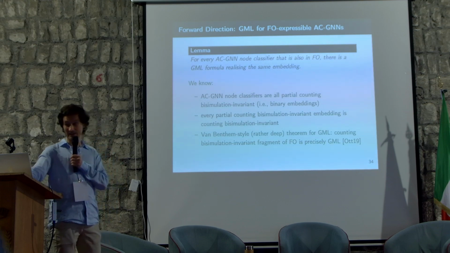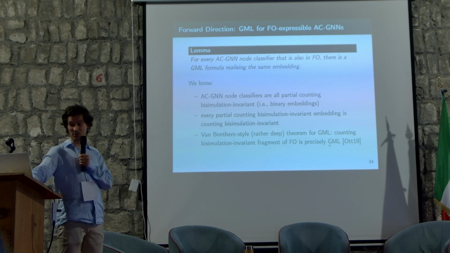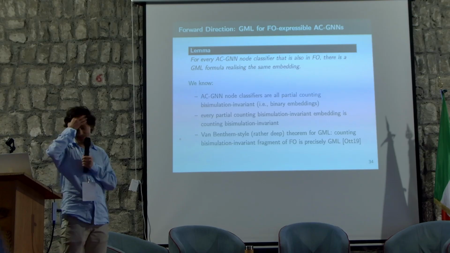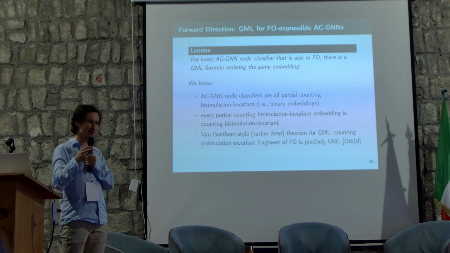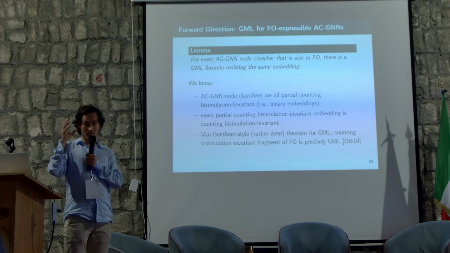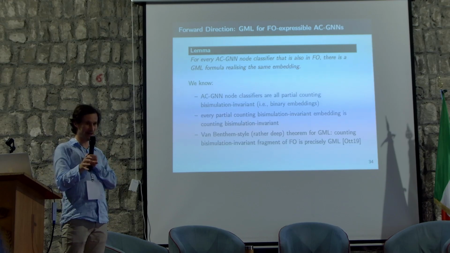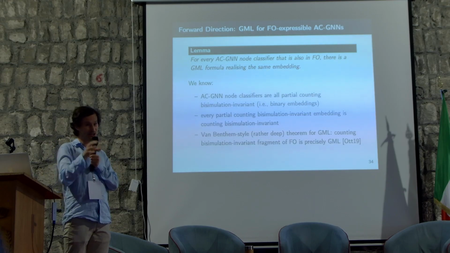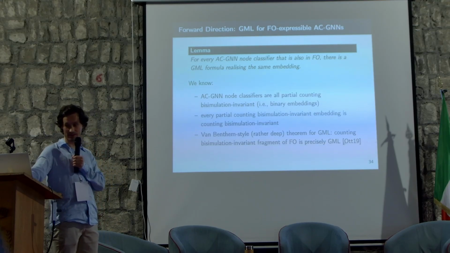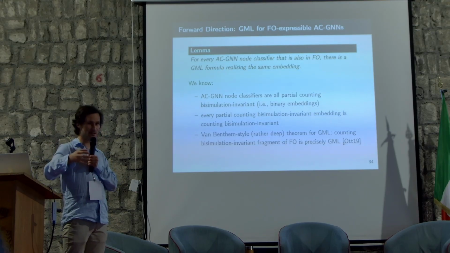Well, I said it wrong about the Van Benthem theorem. The Van Benthem theorem says that the normal bisimulation invariant fragment of first order logic is just modal logic. This extension, which was actually recent, generalized it to graded modal logic.